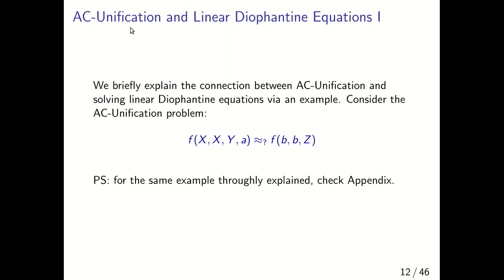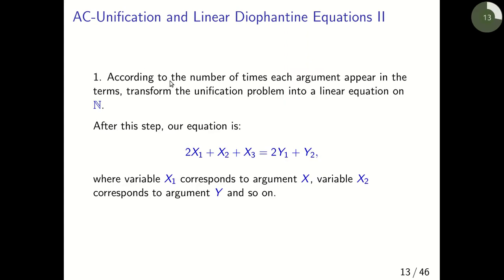Now, I'll briefly explain the connection between AC unification and solving linear Diophantine equations via an example. So consider this AC unification problem here, where we have these two terms, and we want to make them equal by instantiating some variables. According to the number of times each argument appears in the terms, we transform the unification problem into a linear equation on the natural numbers.